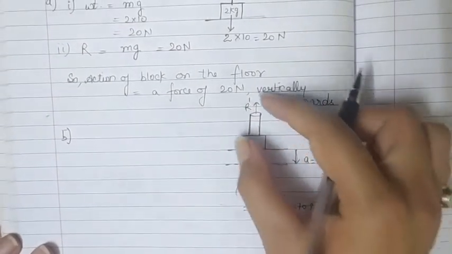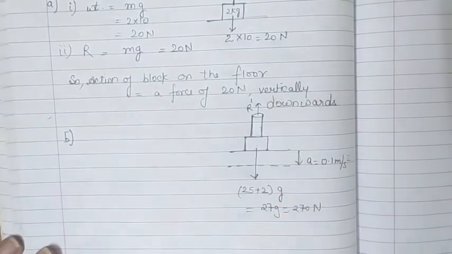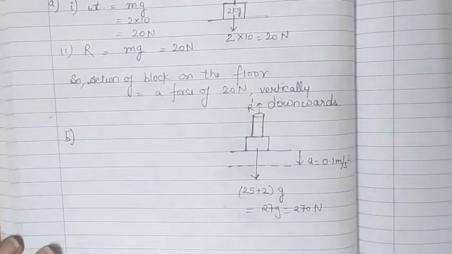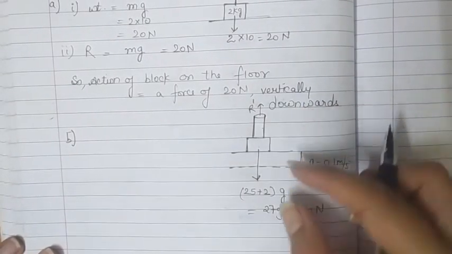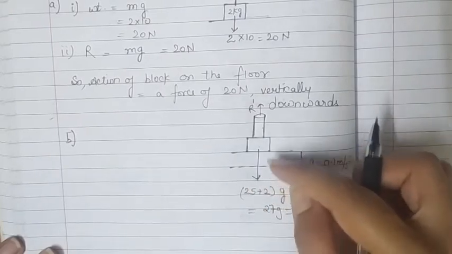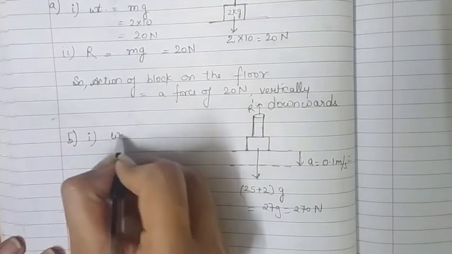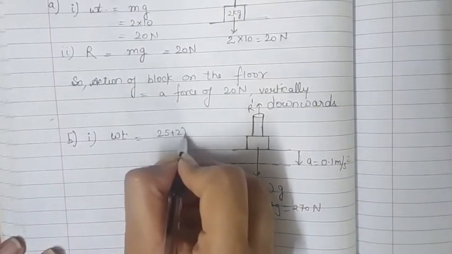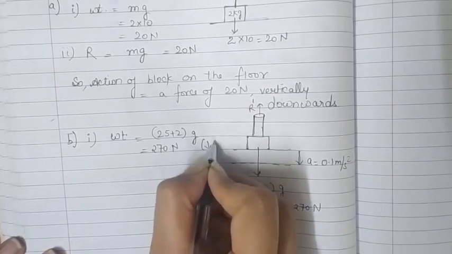But this system is moving downwards, that means these two forces are not balancing each other, there is some acceleration, so we have to find the net force. Now the motion is towards downwards, that means this downward force is greater than the normal reaction. So the first force that is acting is the weight of the system, which is 25 plus 2 g, or 270 Newton, this is vertically downwards.